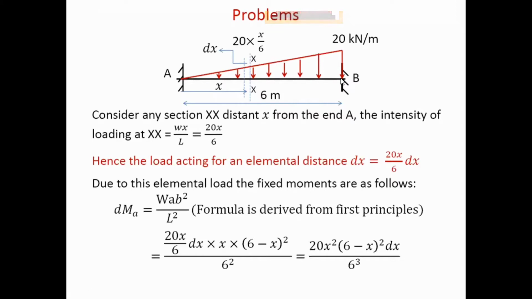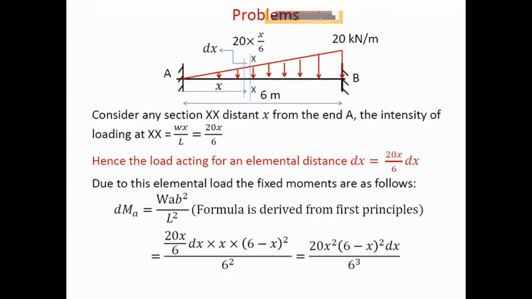Now as this is a varying load, we have already solved one numerical in the last session which involved varying load. There the approach of integration was done, so a similar approach we will keep here also.